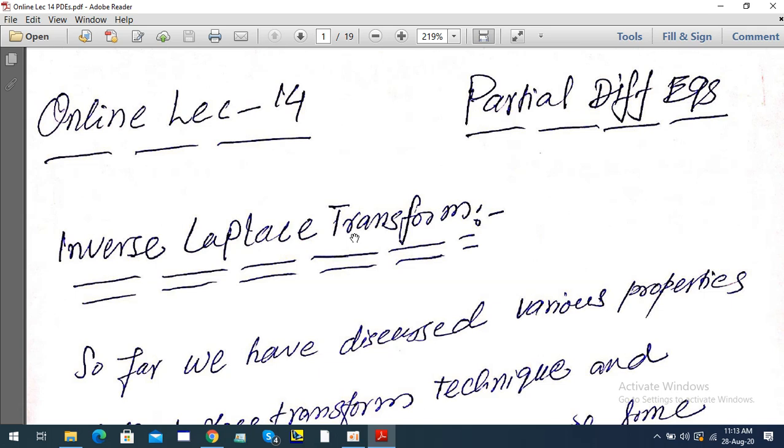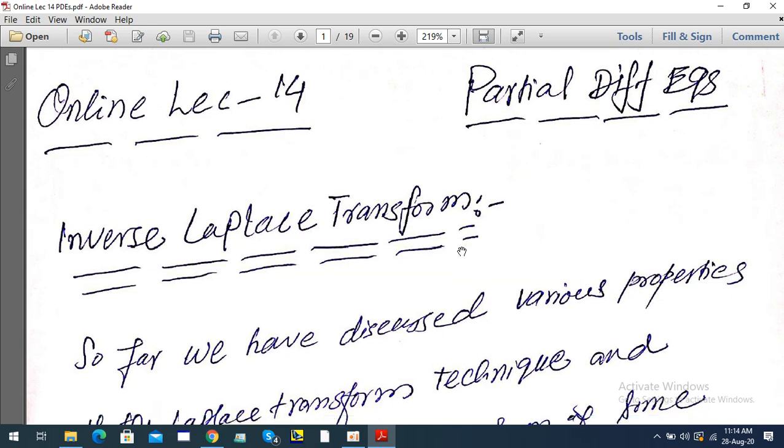Similarly we have the inverse Laplace transform. If you apply the Laplace transform, you have already observed that t shifts to s plane. So then again, from s to t, we have to apply the inverse Laplace transform.